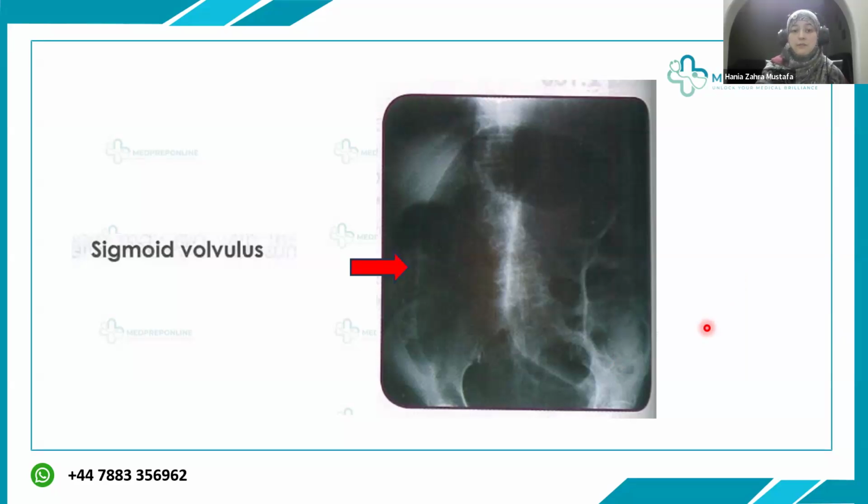This is a very, very frequently asked question in the exam, and it is a typical coffee bean sign, inverted coffee bean sign. You can see this is the sigmoid volvulus, this one. And the patient is always a resident of an old age home, an old man presenting with vomiting, lethargy and dehydration. So this is how the case presents, and this is the X-ray they always give.